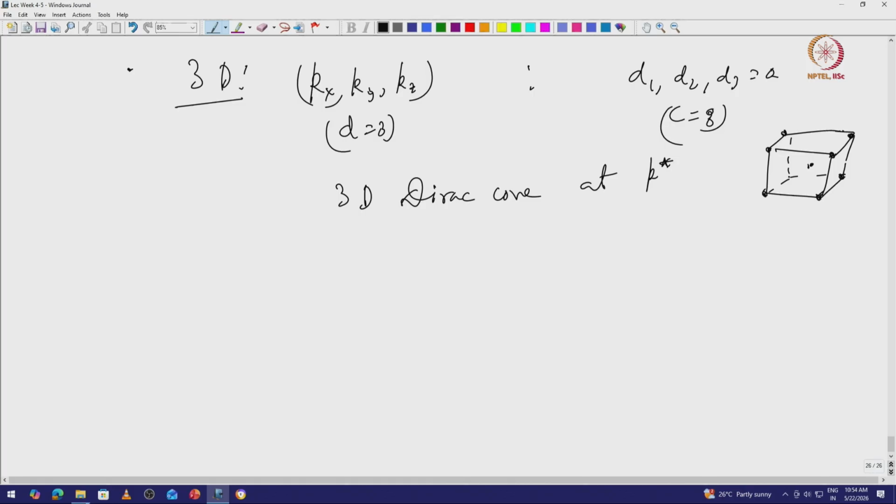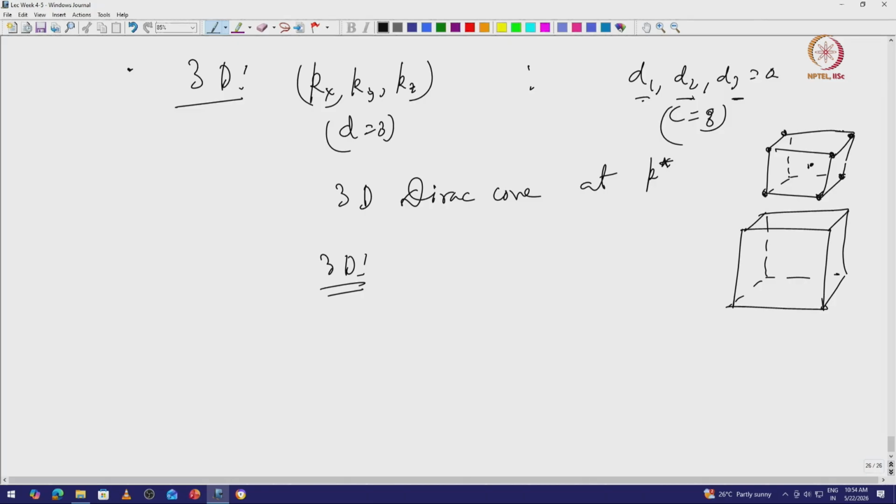Now, in some cases, what can happen is that in 3D they do vanish, but this can vanish in a given plane or along some line, whereas this can vanish at given points.